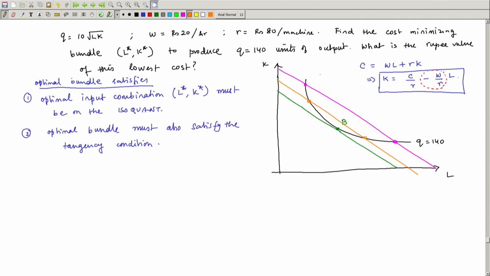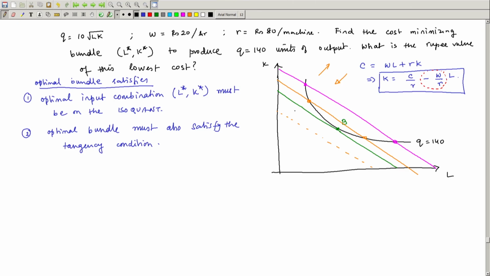Cost is increasing as I move in this direction, and my objective is to minimize cost. So, I want to move in this direction, and the lowest possible isocost level I can go to without violating the output constraint of 140 units is this point B. I would like to be at a lower point here, but notice this does not allow me to produce 140 units of output.